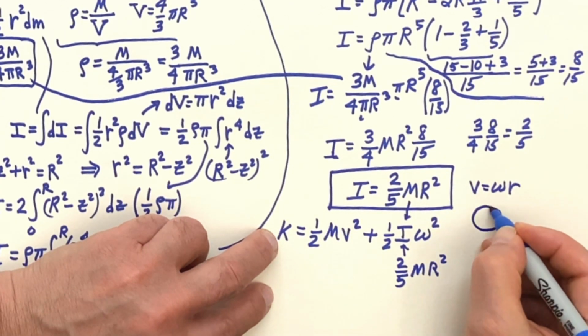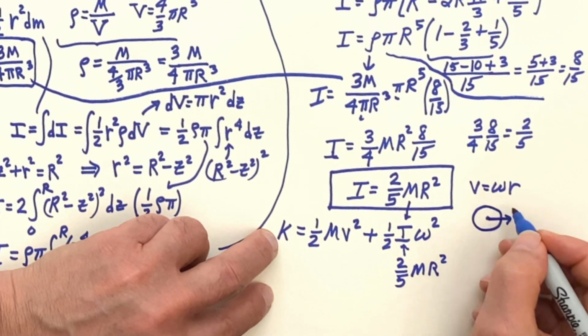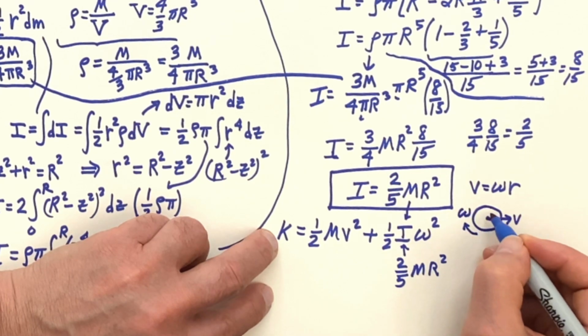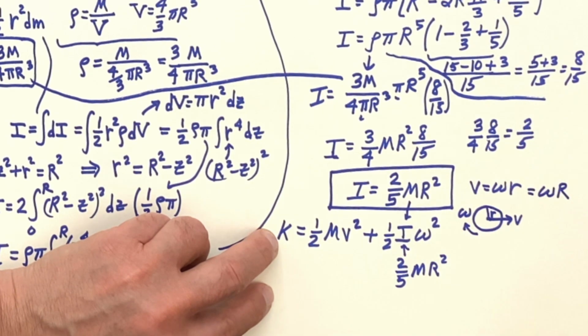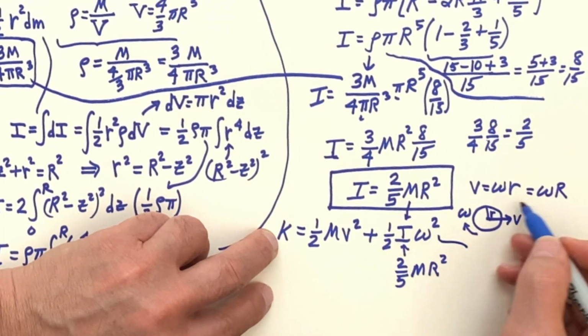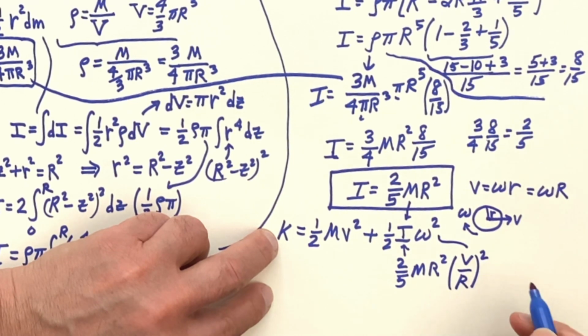Remember, we had this problem where we had the wheel, and the wheel's going here with velocity v, and it's going with omega, and there's a radius r. Then you have v is omega r, which in our case is omega times the big R. So for omega, you take the v and divide by the R. And this is very nice, the R's are going to cancel.